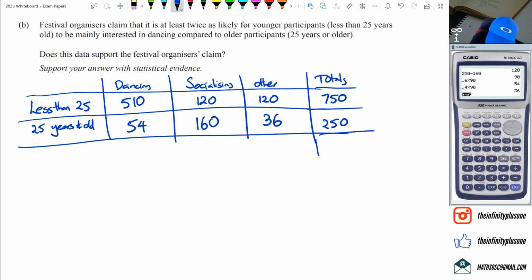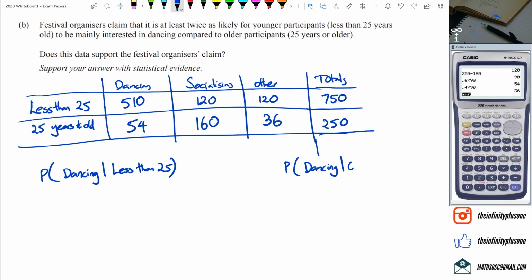So the probability that we're looking at is probability of dancing given that they are less than 25, and we've also got to work out probability of dancing given that they are older than 25. So we've got to compare these two probabilities.